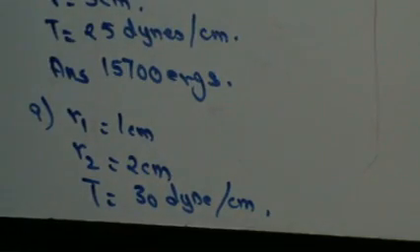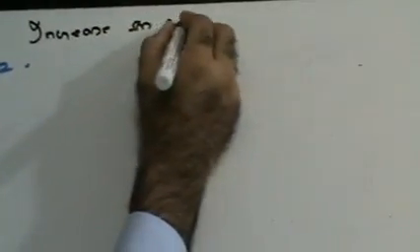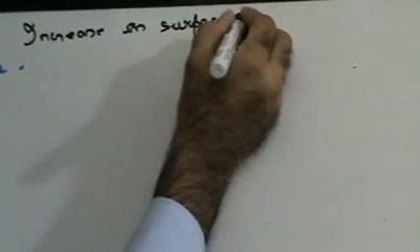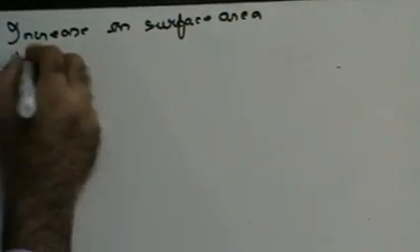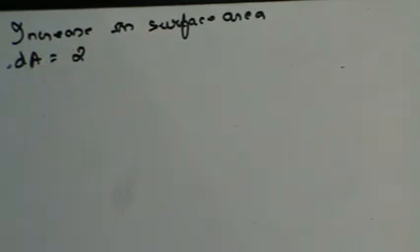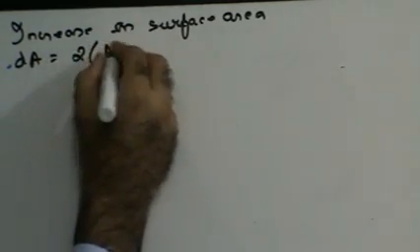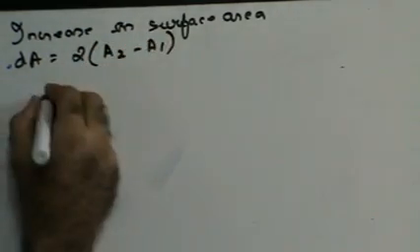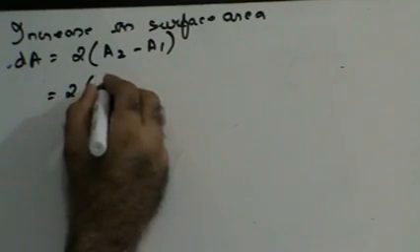Now I can say that increase in surface area dA is nothing but twice the new area minus the original area. So this is going to be twice A2 minus A1. Soap bubble is going to be in the form of a sphere.